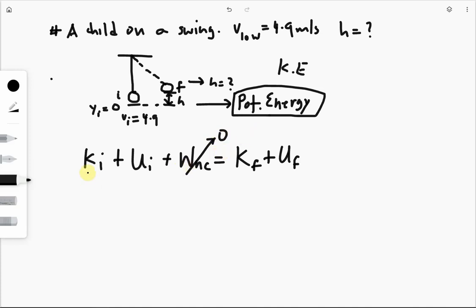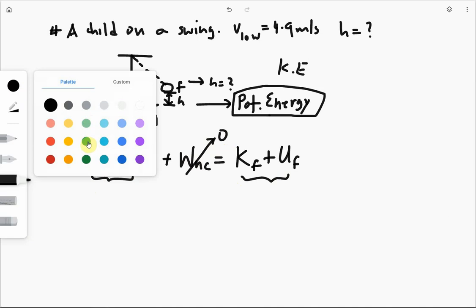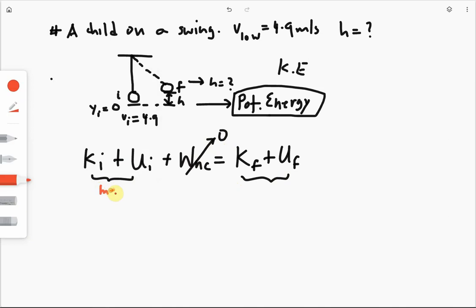The summation of kinetic and potential energies has a name. Let's use a different color for that. Let's use red, and this is named mechanical energy. The summation of kinetic and potential energies is called mechanical energy.